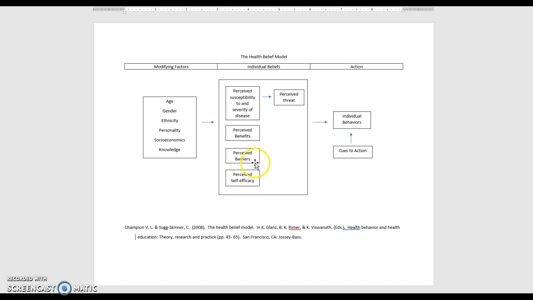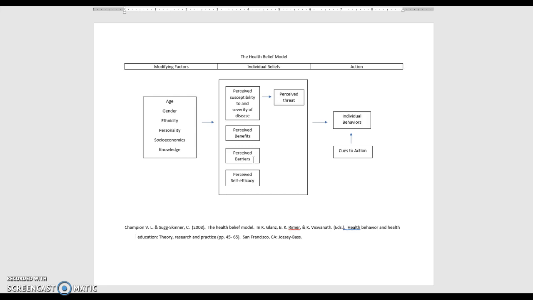So when we look at perceived barriers then, the potential negative aspects of a particular health action, these perceived barriers may act as impediments to undertaking recommended behaviors. A kind of non-conscious cost-benefit analysis occurs where individuals weigh the action's expected benefits against perceived barriers.